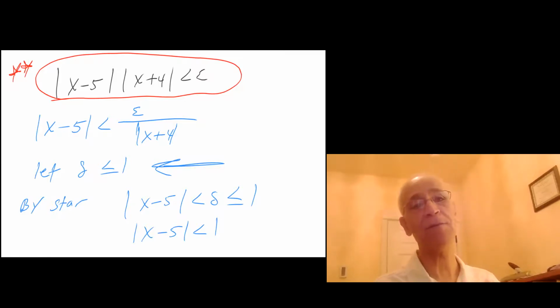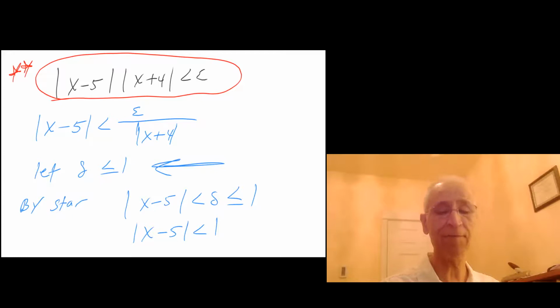And if the absolute value of x minus 5 has to be smaller than that, it follows that the absolute value of x minus 5 must be smaller than 1.